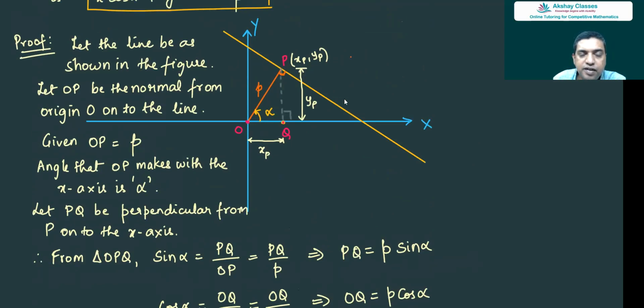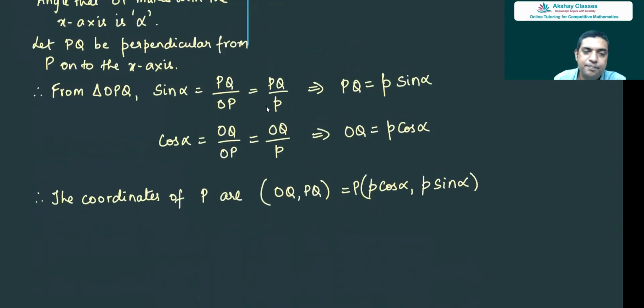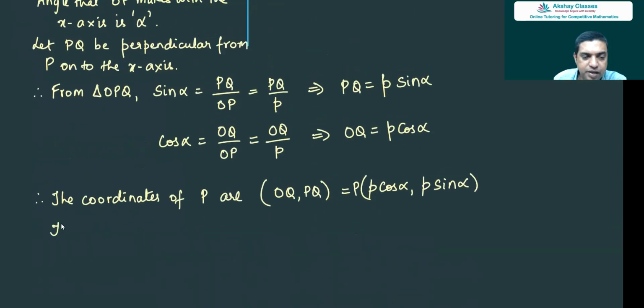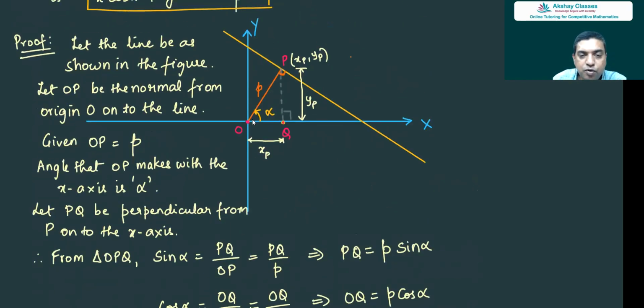Now we also have to find the slope of this line. Now this line is perpendicular to OP. So the slope of OP, M OP, is equal to tan alpha, because slope of OP is tan of the inclination.